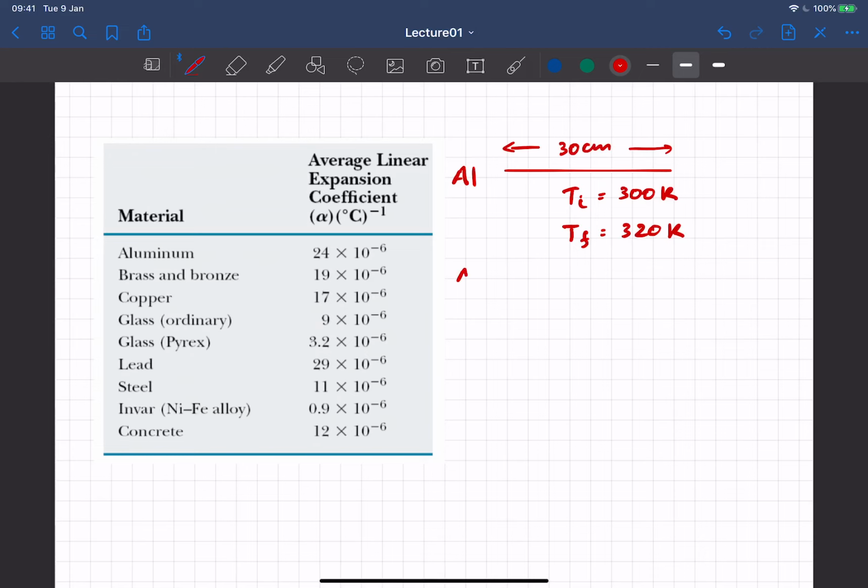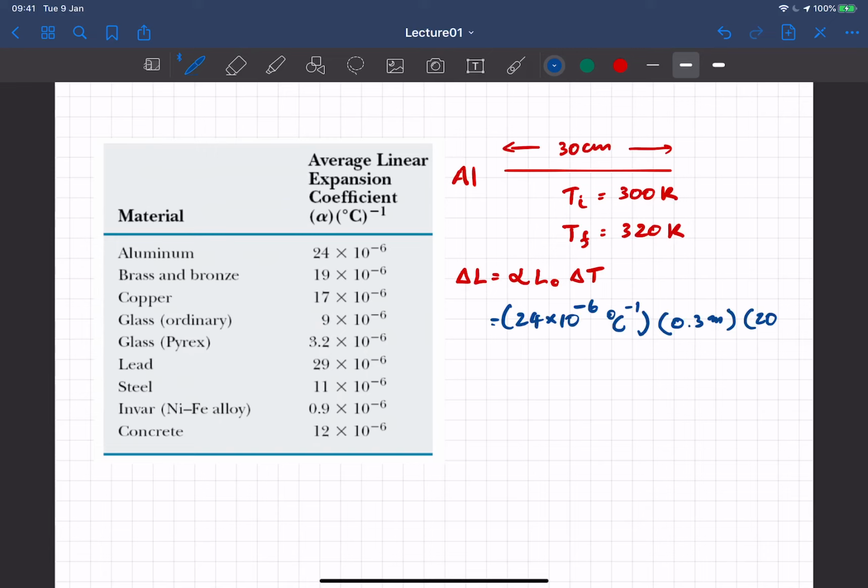Let's calculate delta L, which is alpha times L0 times delta T. And alpha, we're going to use this number here, which is 24 times 10 to the minus 6 1 over degree Celsius, times the initial length, which is 0.3 meter, times the change in the temperature, which is TF minus TI, so it's just 20.